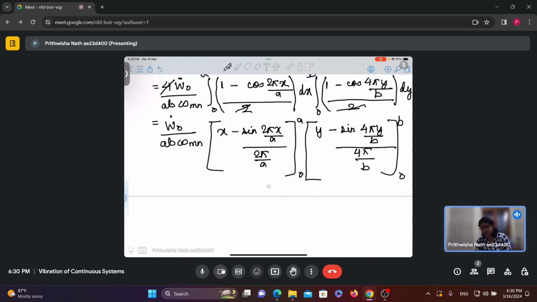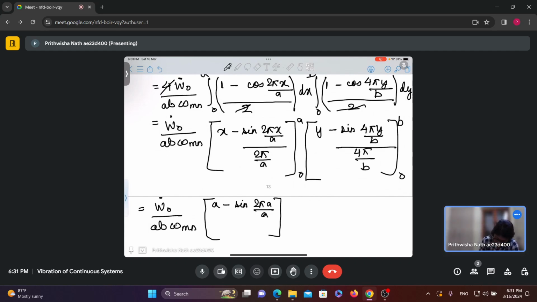Now after substituting the values, what will I get? A minus sine 2 pi a by a. Now if I substitute 0, this term will be 0. In place of x, if I substitute 0, I'm not writing that, divided by 2 pi by a.